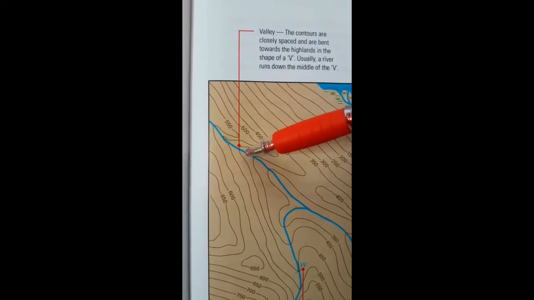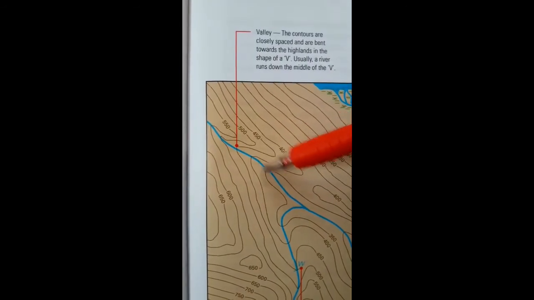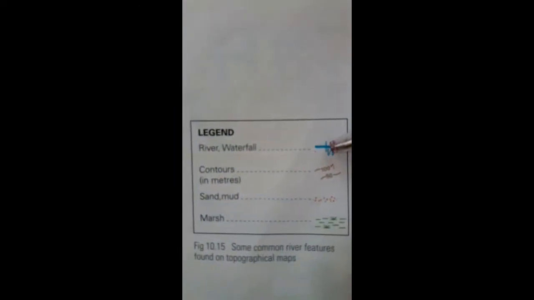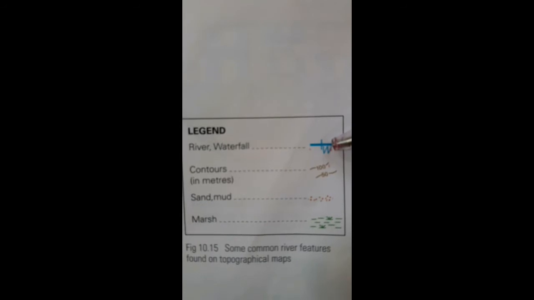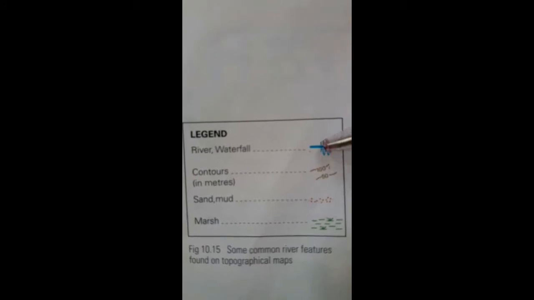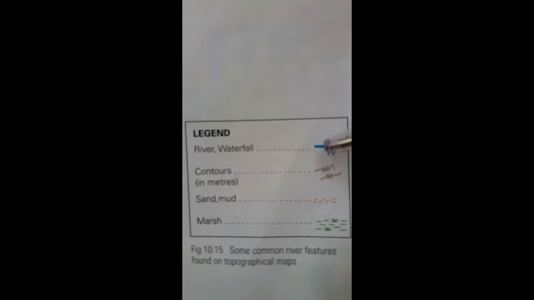The colored blue contour here is a river or a river channel, like this one. There's a legend here: river and waterfall. This horizontal line here represents a river, and this W is a waterfall, like this one.